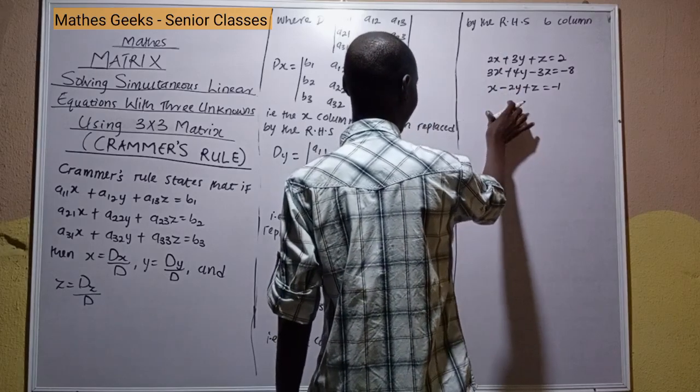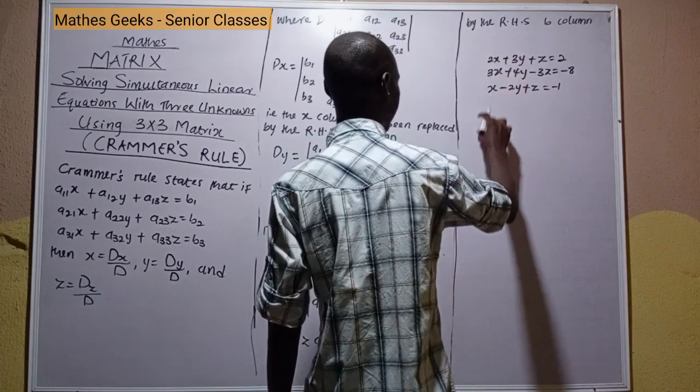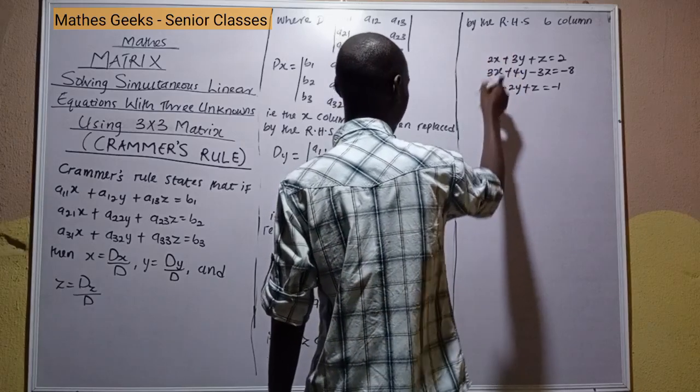So what we do first, for writing the matrix form, is take it by column.